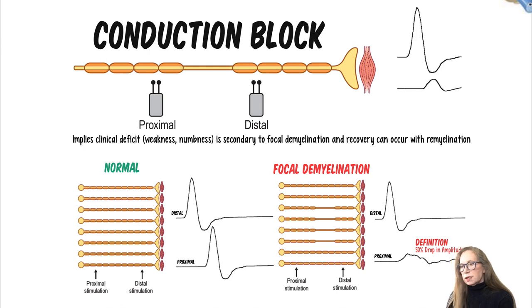And we've put that section of the loss of myelin in the middle of the axon to represent, for example, loss at the elbow. By definition, if you see a 50% drop in the number of axons, i.e. the amplitude, then that by definition is a conduction block. If every axon is blocked, then that's a complete block.